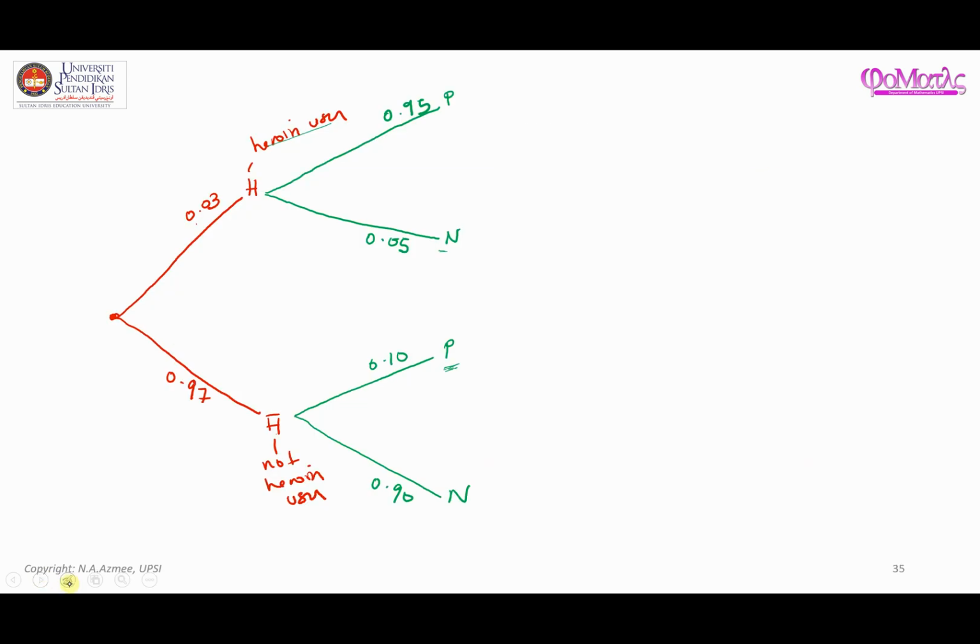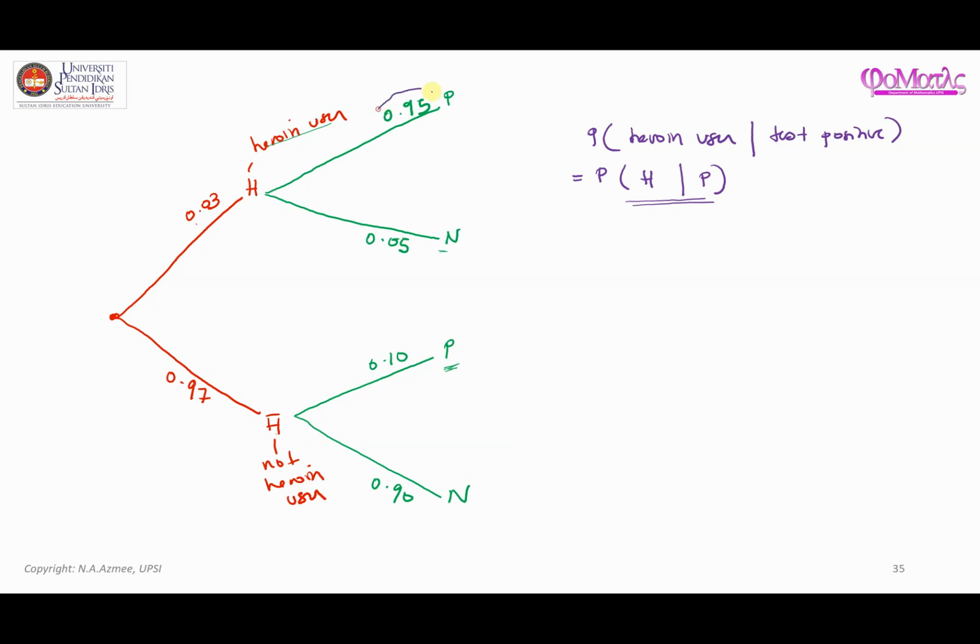Now the question is asking us to find the probability that the person is a heroin user given the test is positive. I can write it as the probability of H given the test is positive, P. This is a Bayes problem because what we want is this one, but what we have as our information is the other way around.